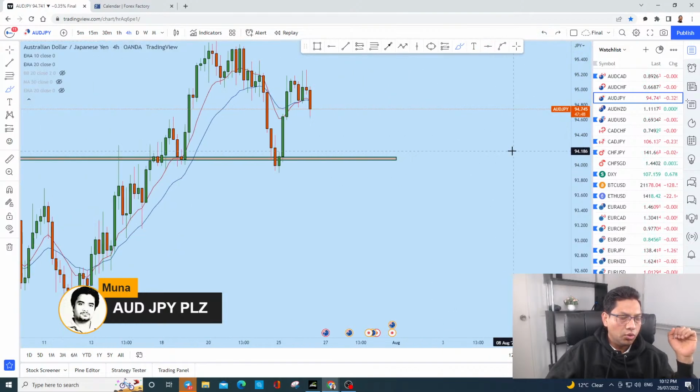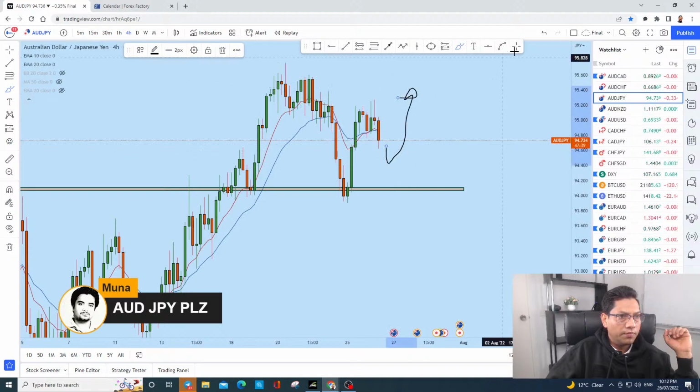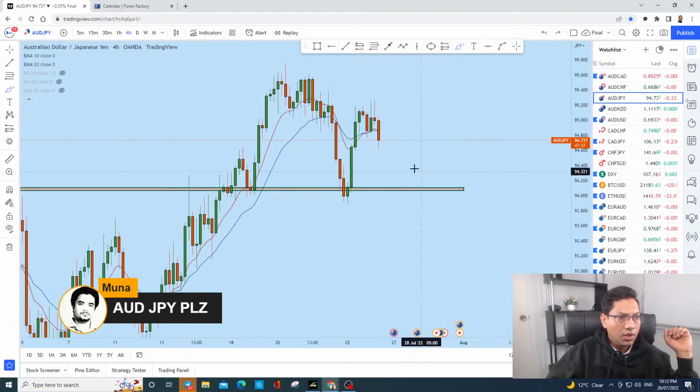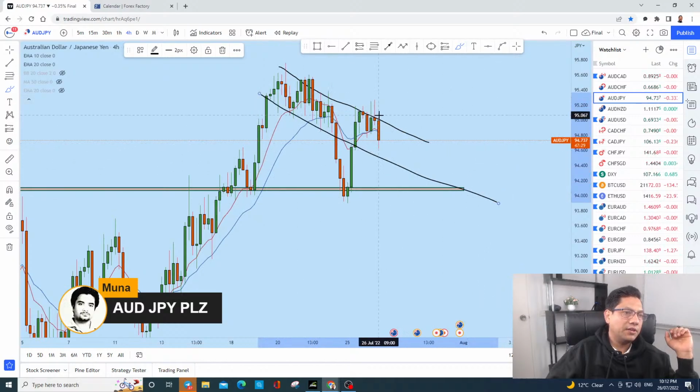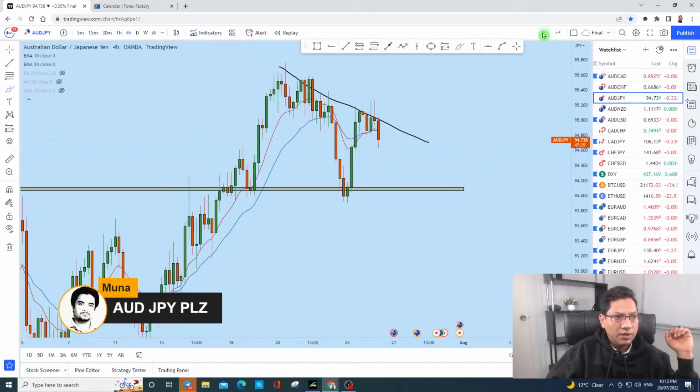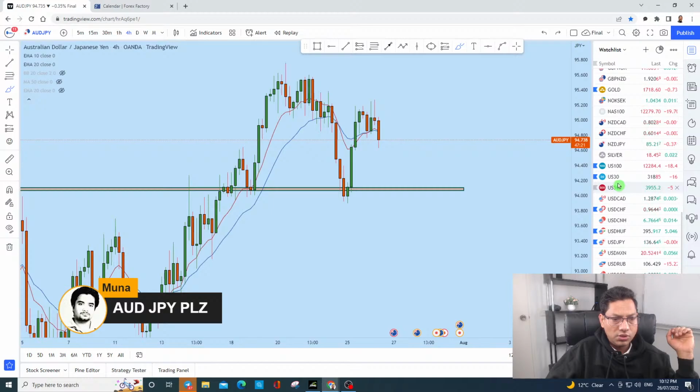With that in mind, Aussie Yen might continue to go up, but at this point you see the price creating a pattern that you still can't predict. It's sideways. So we need to wait to see how the price action goes, and then we can consider buying or selling.